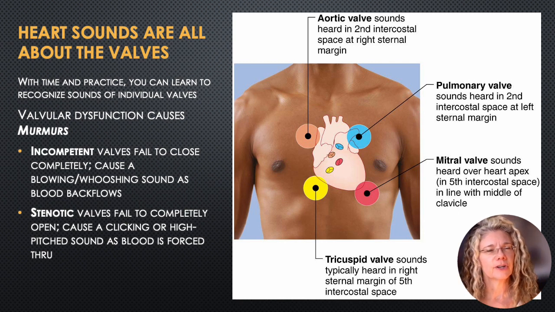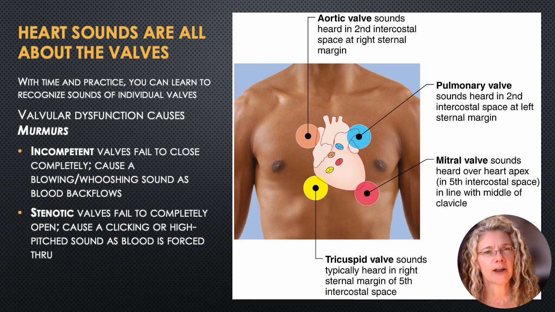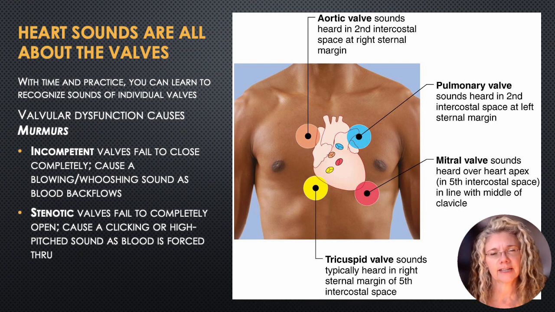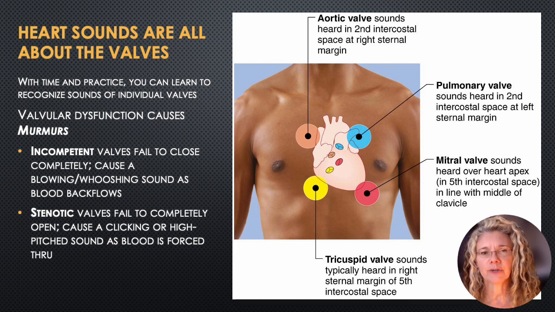All right, so the aortic valve, we can hear the sounds of the aortic valve best at the second intercostal space, right next to the sternal margin, just to the right of the sternum. Then the tricuspid valve, kind of in the same place but lower. So we're going to go along the side of the sternum to about the fifth intercostal space, and that's where you should hear your tricuspid valve.